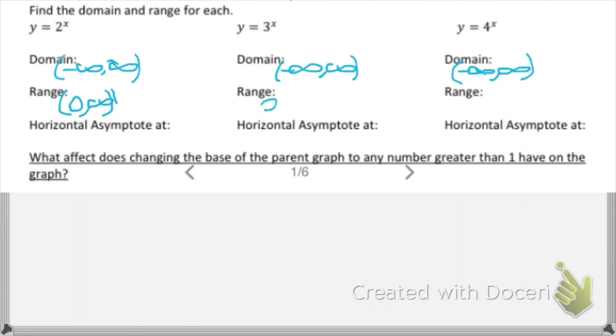This happens to all of them because it cannot touch 0. It is not included. The horizontal asymptote is y is equal to 0 for all of these.